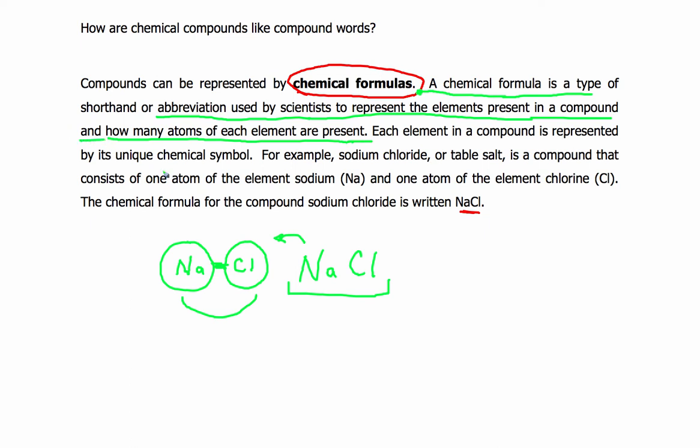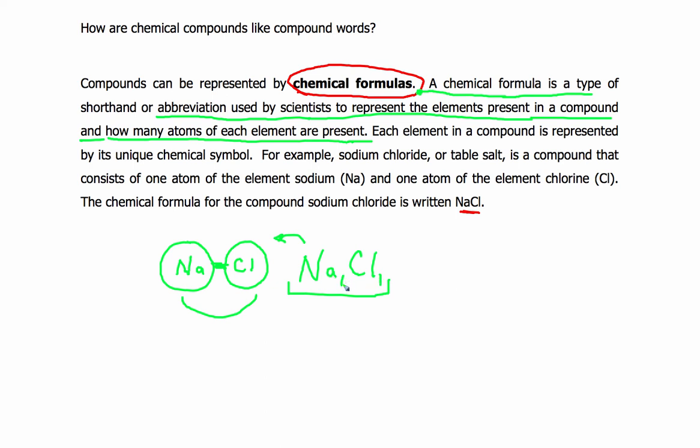So you might say to me, well, Mr. Woods, I don't see any numbers down here that tell me how many atoms are in sodium chloride. When there are no numbers written down here, it's understood that there's a little number 1 down there. We're going to talk about this more when we look at the next paragraph. For now, just understand that if you ever see elements written in a chemical formula that don't have a subscript written beside them, this little number is a subscript, then it simply means that element has a little 1 there.